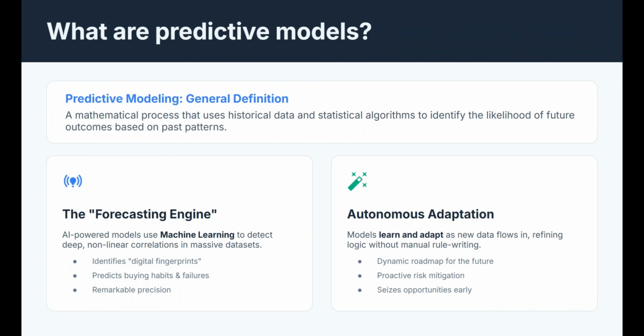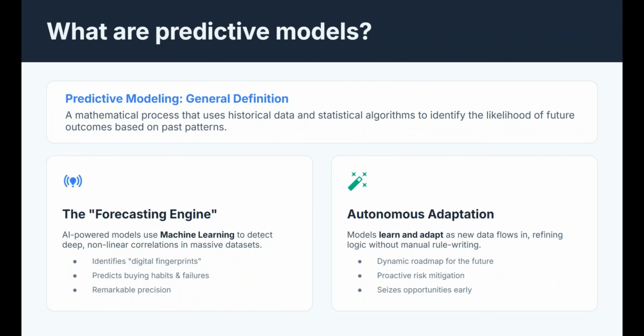The real power, however, of these models lies in their ability to learn and adapt autonomously. As you've noticed by now, one key trend of AI is that it has the ability to learn and adapt autonomously without human input.